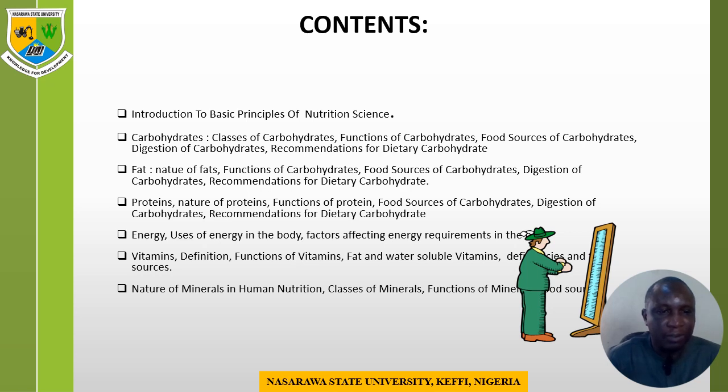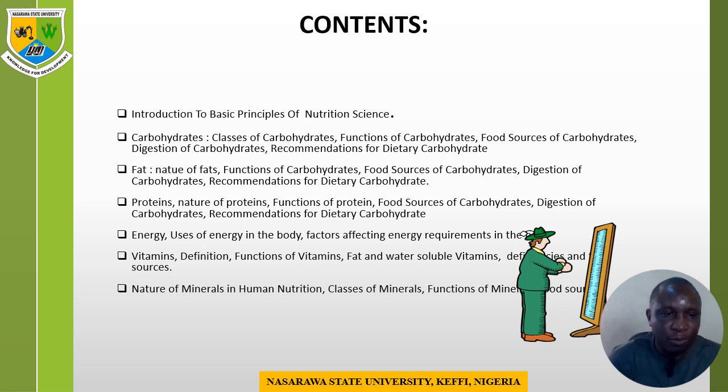Then week 5, we discuss vitamin, definition, function of vitamin, fat, water soluble vitamin deficiencies, and sources. And week 6, we also go through minerals in human nutrition, classes of mineral, functions and deficiencies, sources of mineral.